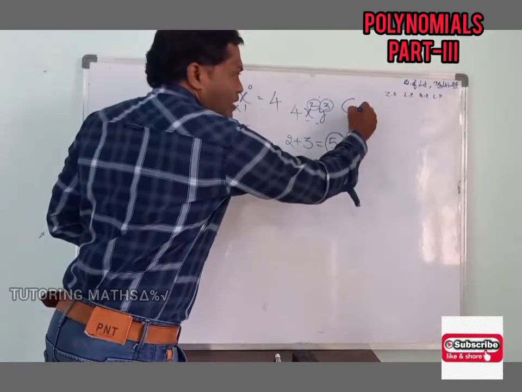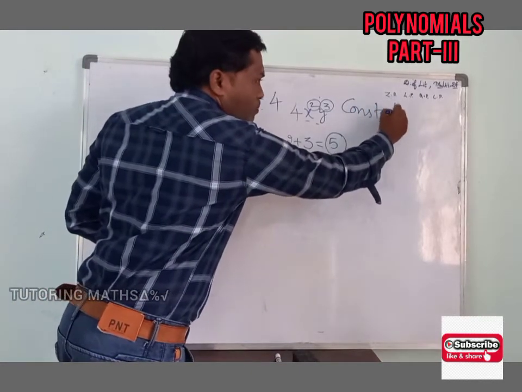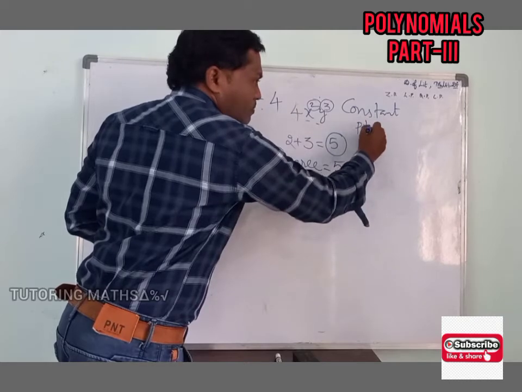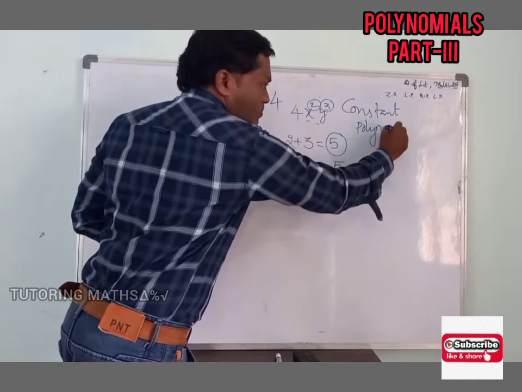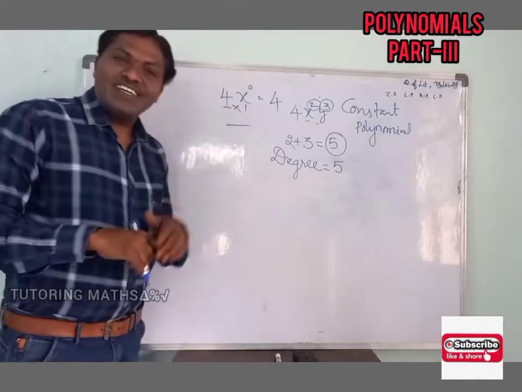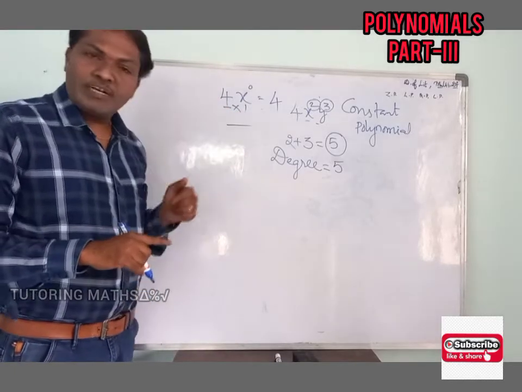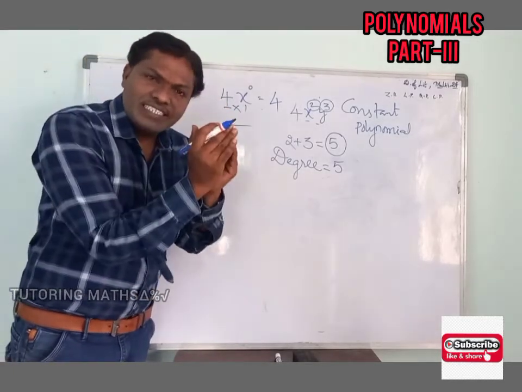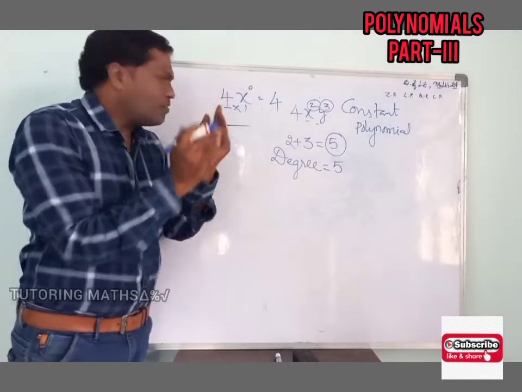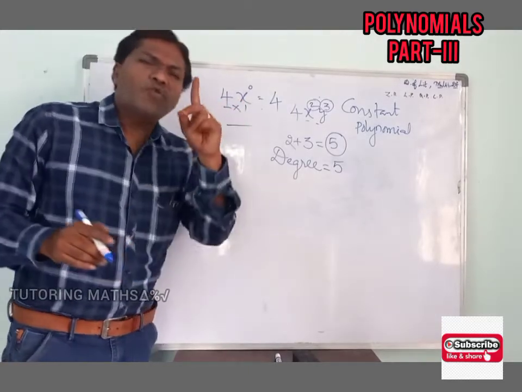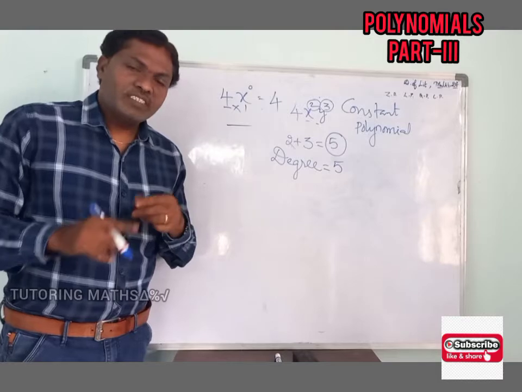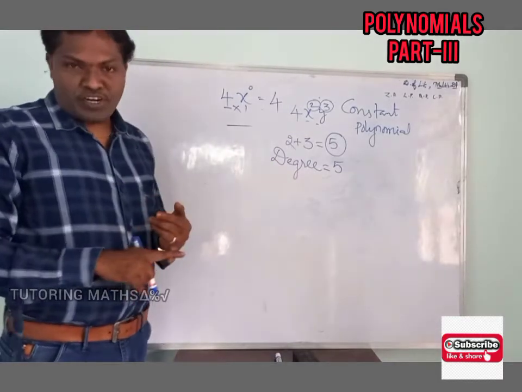Constant polynomial. So what is a constant polynomial? If an expression consists of only a number, then it is called a constant polynomial.